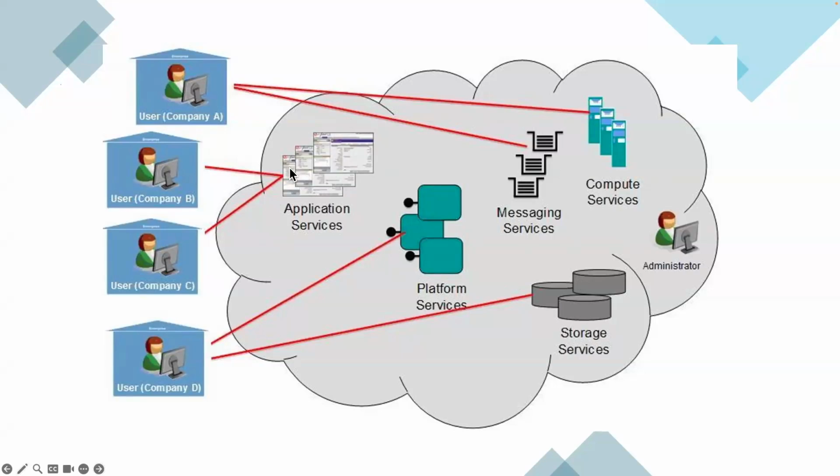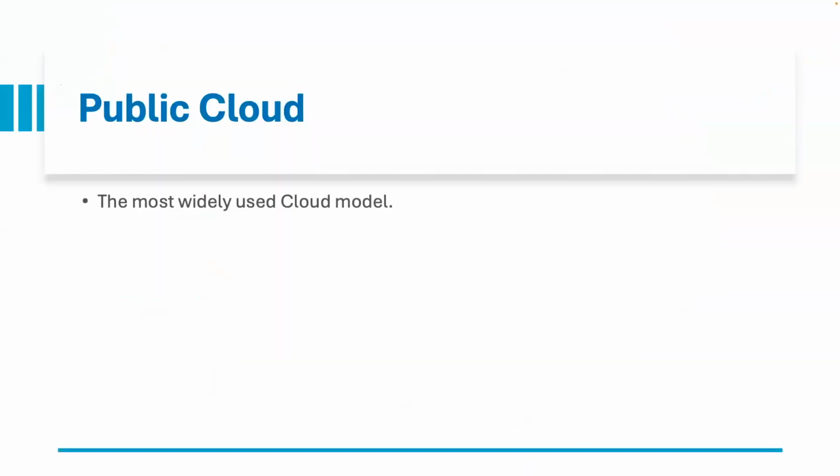It can be a website, storage, backup solutions, anything. Different organizations share this infrastructure and these data centers, so you can see companies A, B, C, D. They are totally different companies and don't have any relation between them.